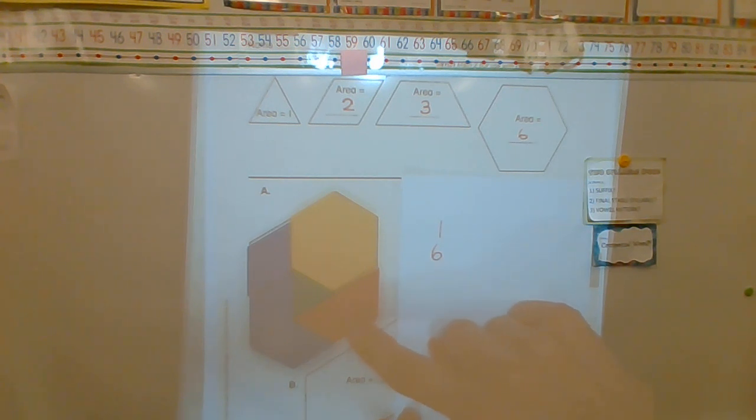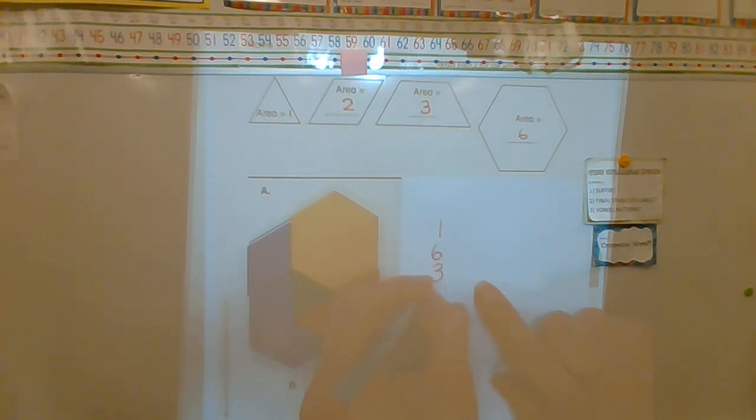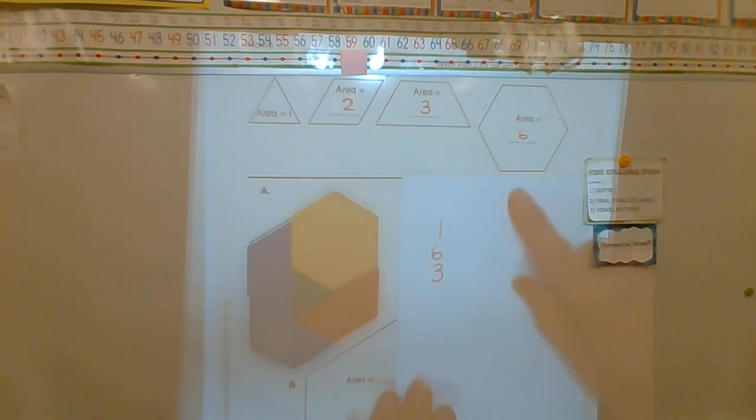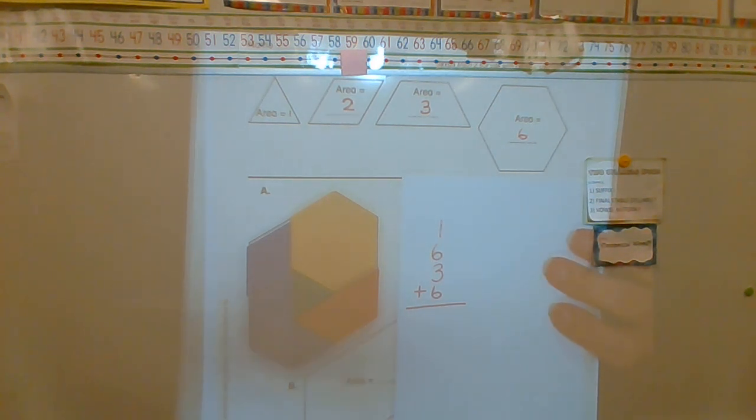I used 1. What's the area for the trapezoid? It's a 3. I only used 1, so I bring down a 3. And how many hexagons did I use? A 6, that's right. It is worth 6, so this is my area for shape A.